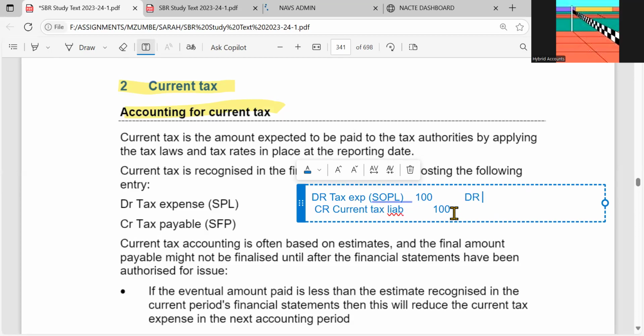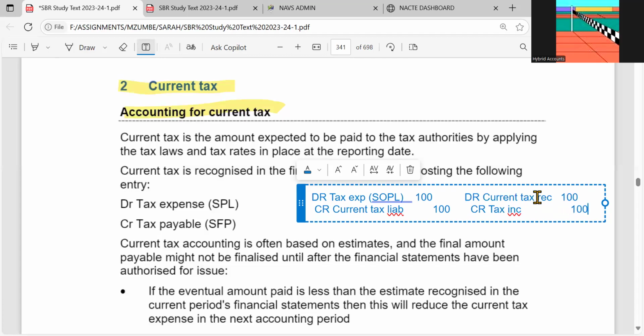So I would debit current tax recoverable, which is an asset, by 100. And down here, I would credit what is now an income. If you're recovering the tax, then it's kind of an income, so I would credit tax income, which is 100. This is what we do.